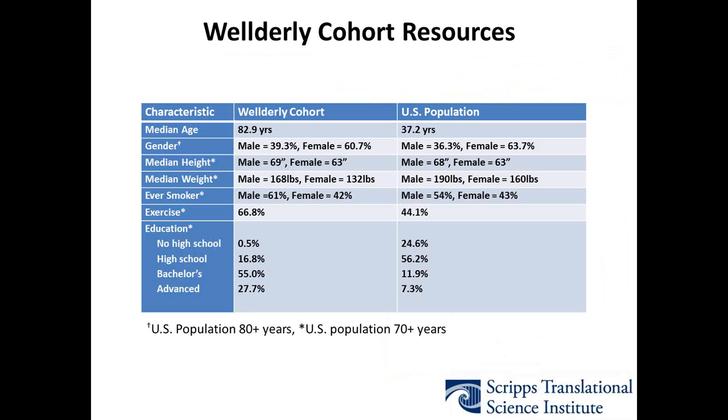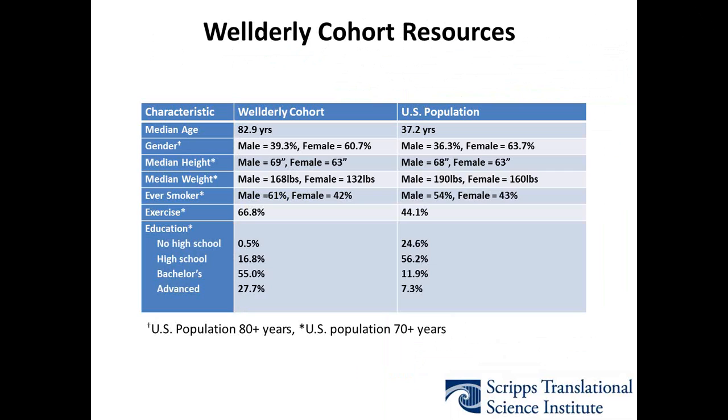But there appears to be no difference in smoking, maybe even a little bit more smoking in the males. They do exercise more, it appears, but whether or not that's due to the fact that they're able to exercise is unclear.